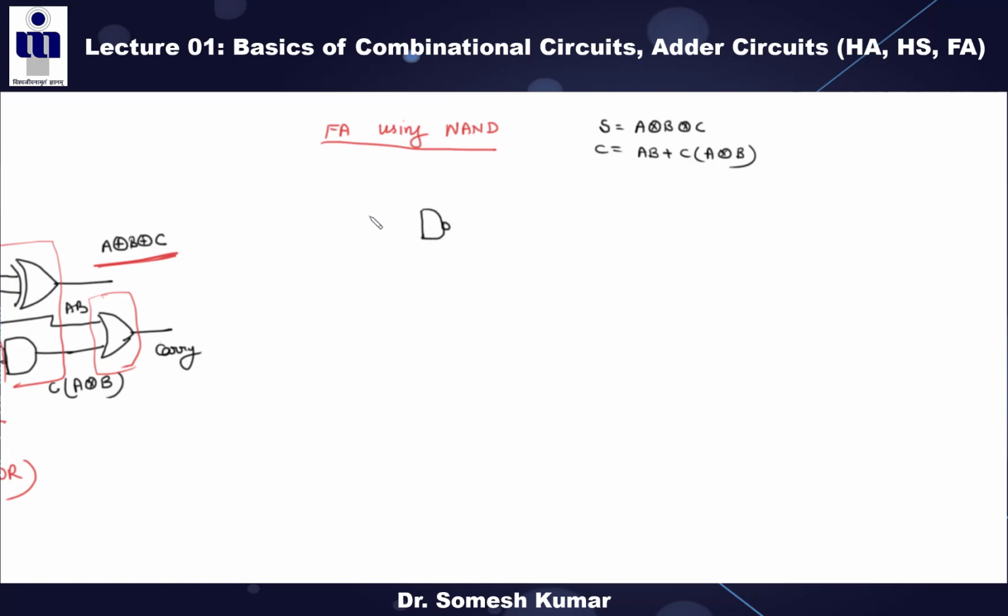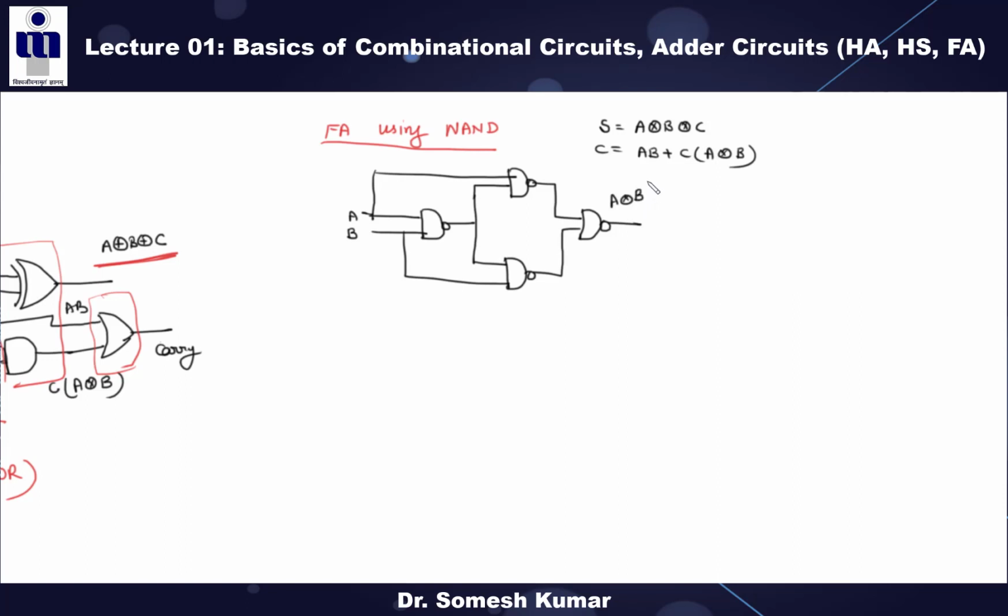For the XOR gate we require 4 NAND gates. This is your A XOR B, right? Next, similarly we repeat this stage with the other input C, and this is given to here.